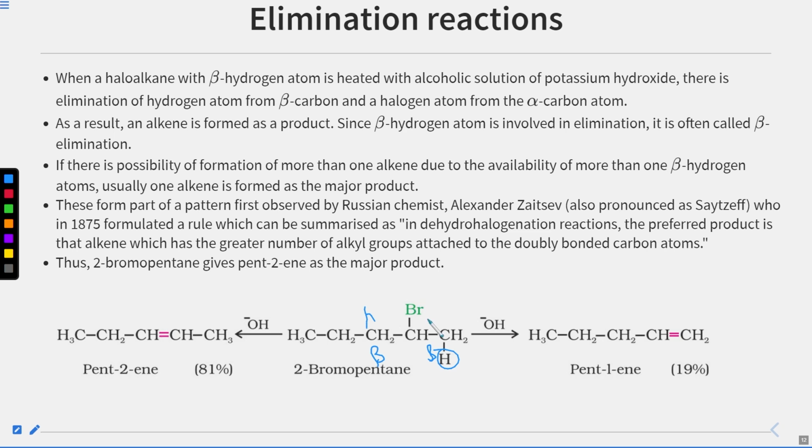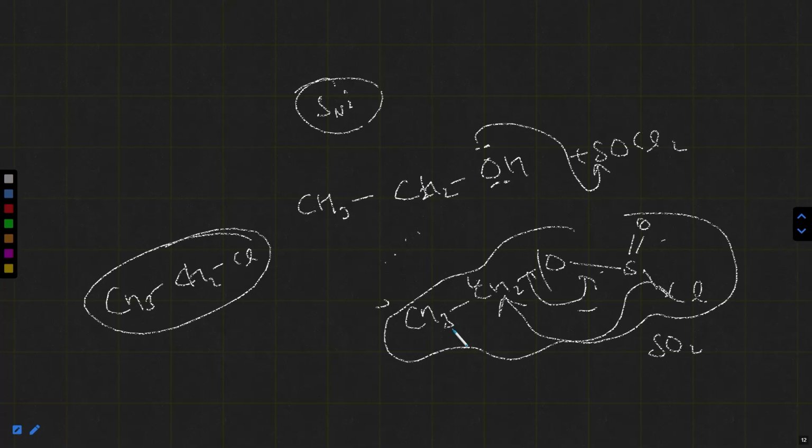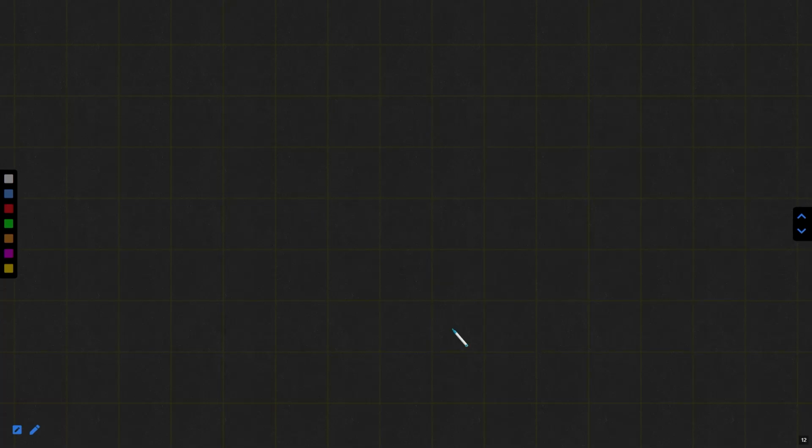If you put a base, or in some cases a nucleophile, they do not act as a nucleophile but take this hydrogen and act as a base. And further, this Br also leaves, and we get an alkene. It goes like this. Suppose you have your compound which looks like this.